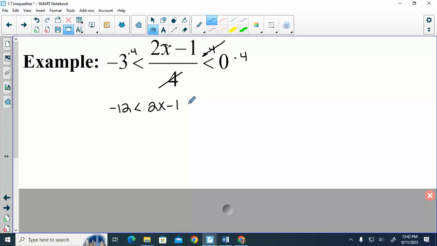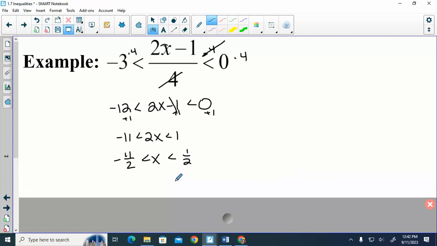Gives us 2x minus 1 is less than 0. And then it's like the last problem. So add 1 to everything. Divide by 2. So my solution, how would I write it? Negative 11, parentheses, negative 11 halves, comma, 1 half, parentheses.